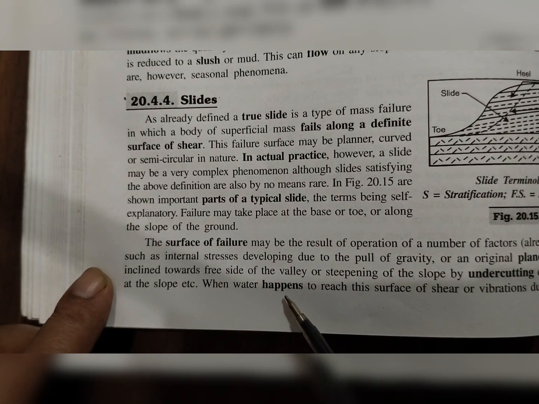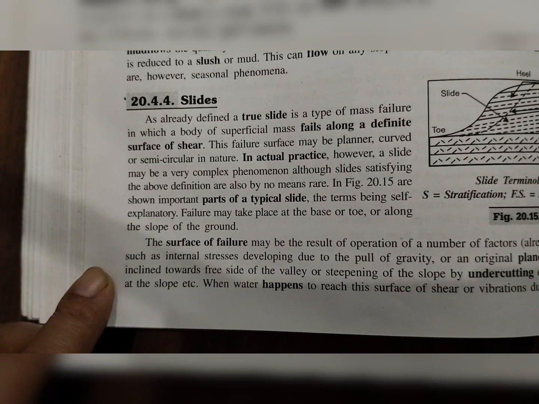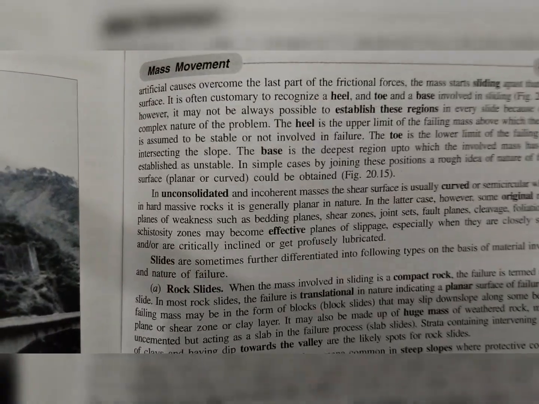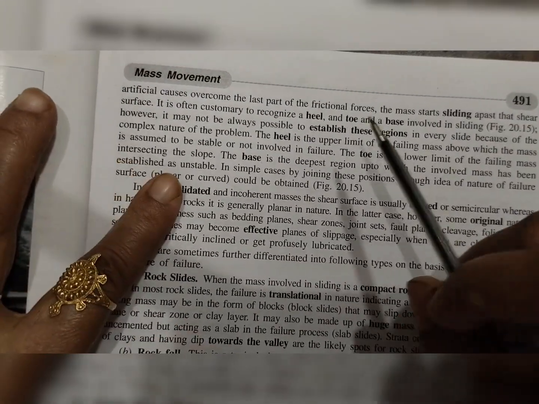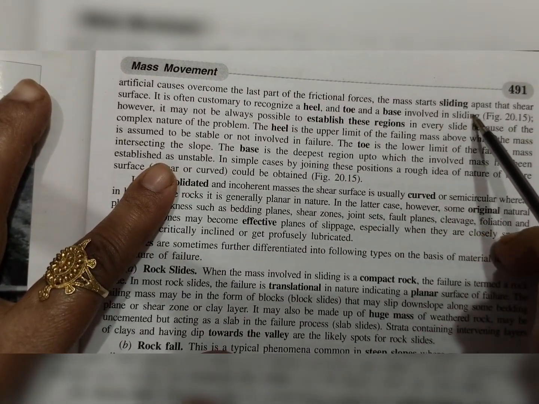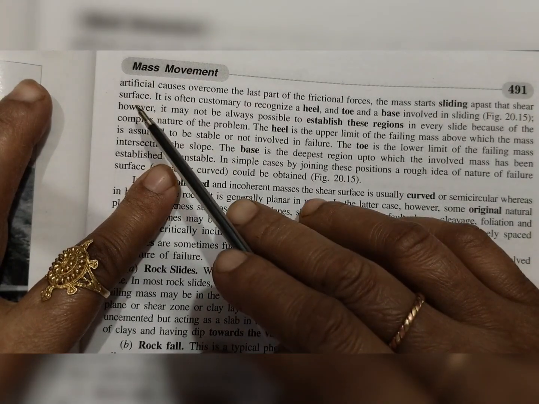It is when water happens to reach this surface of shear, or vibrations due to natural or artificial causes overcome the last part of the frictional forces, that the mass starts sliding along that shear surface.